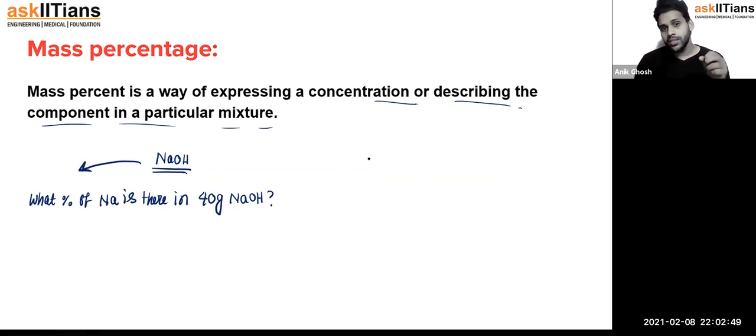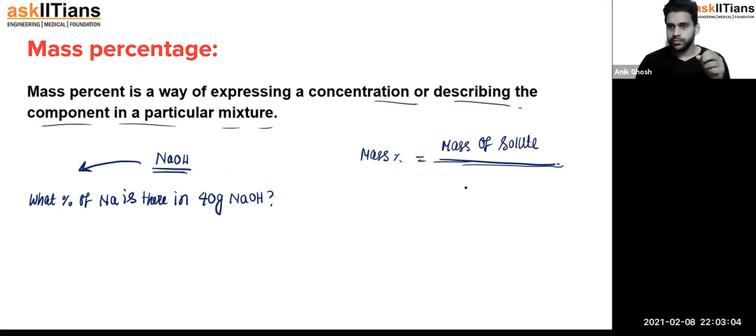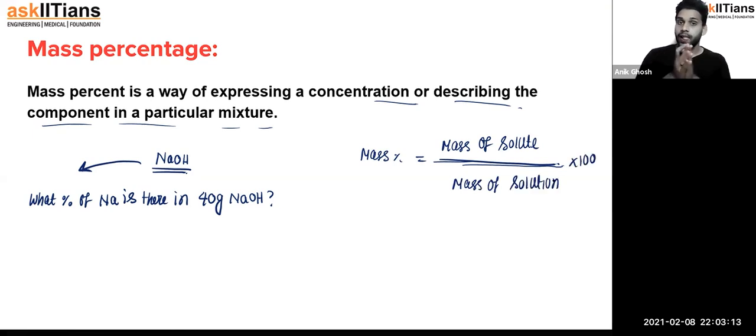So mass percentage is mass of solute by mass of solution into 100. The thing is, in 100 grams of solution, how many grams of solute are there?